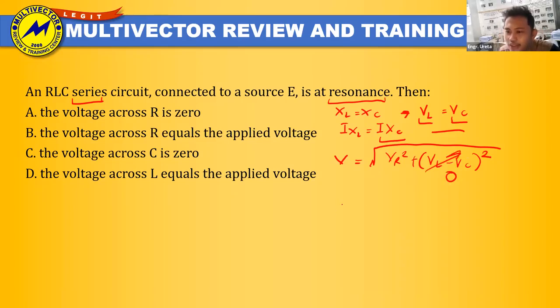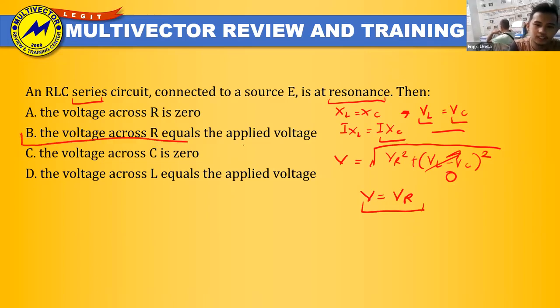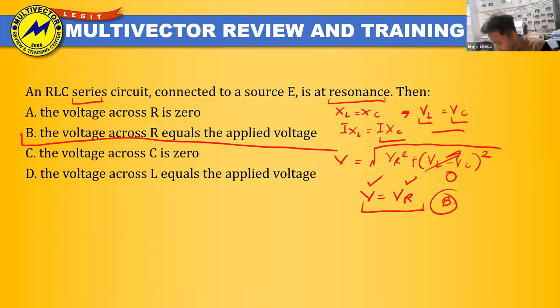So our source voltage V will be equal to the resistor voltage. The voltage across R is equal to the applied voltage. So letter B. Okay, so next.